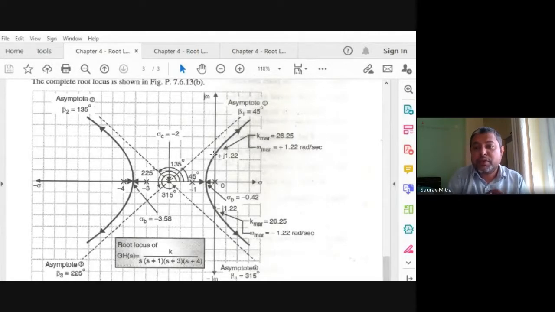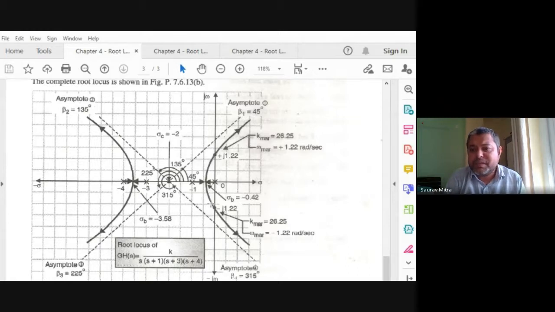So till 26.24 all the 4 roots are in the left hand side of the S plane. The -1 root also comes here, somewhere very close to the axis but not touching it.